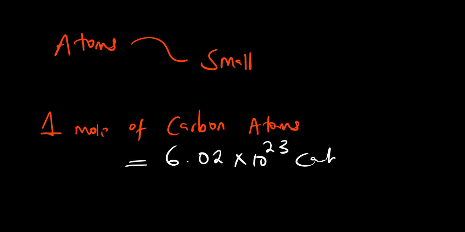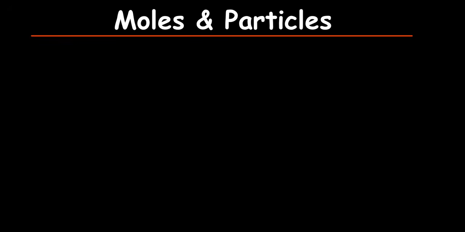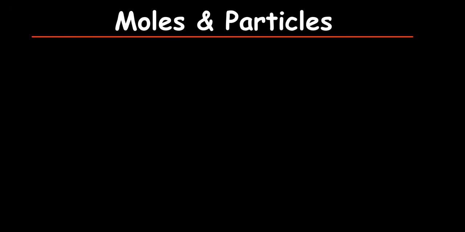The same thing, if we say 1 mole of water molecules, it should give us 6.02 times 10 to the power 23 water molecules, and that is very important. Now in exams they love asking how many particles are in a given number of moles. So we have to know formulas that link moles and particles, and it's very important.